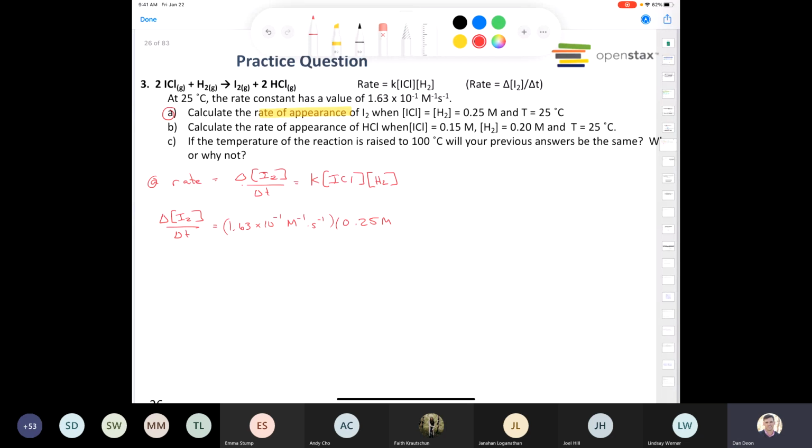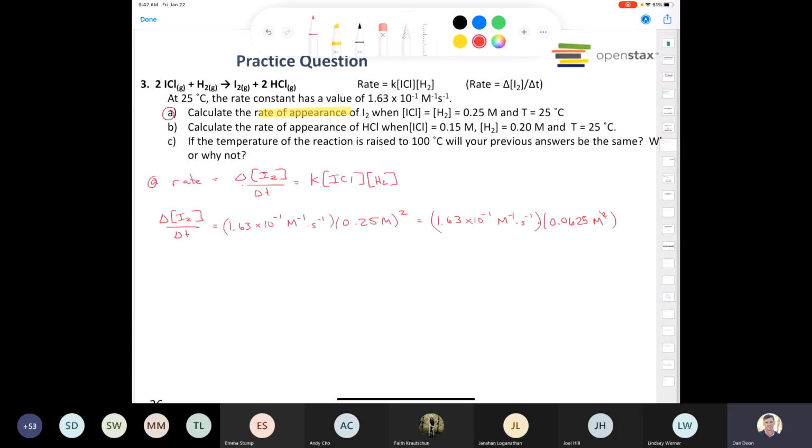That's not good. So we have 0.25, I'll just put squared like that. All right. So that's going to be equal to 1.63 times 10 to the -1 molar to the -1 seconds to the -1 multiplied by 0.0625 molar squared.